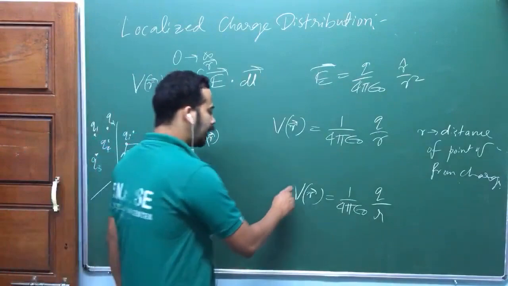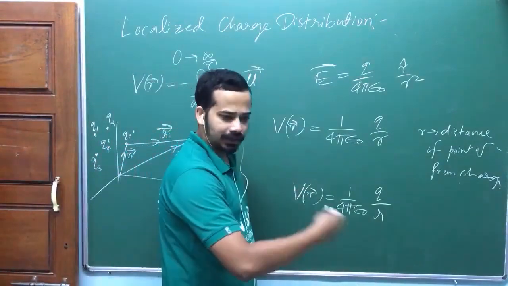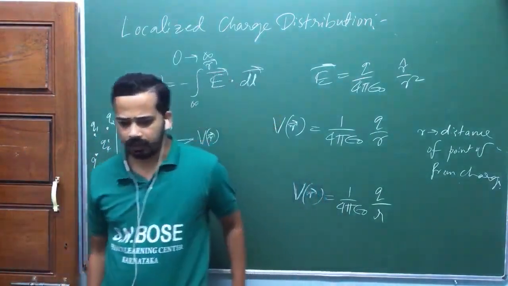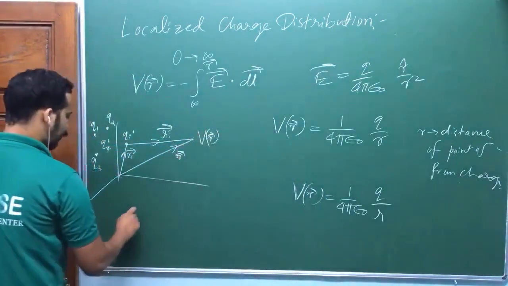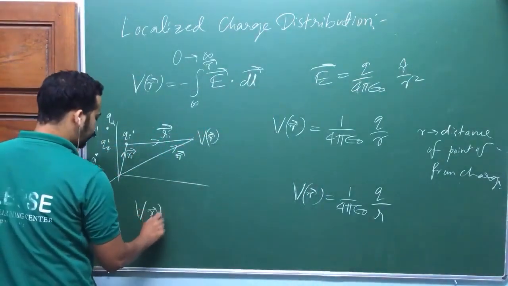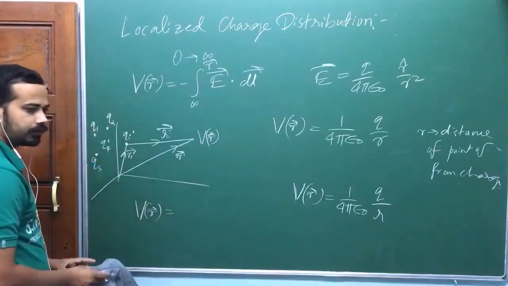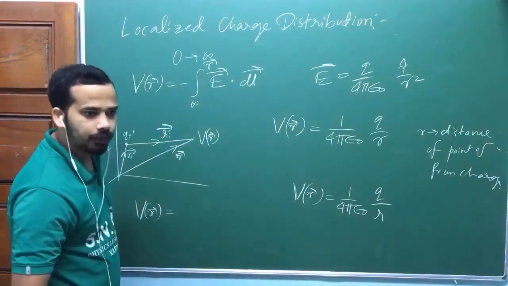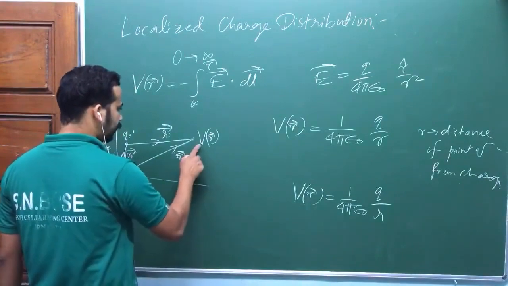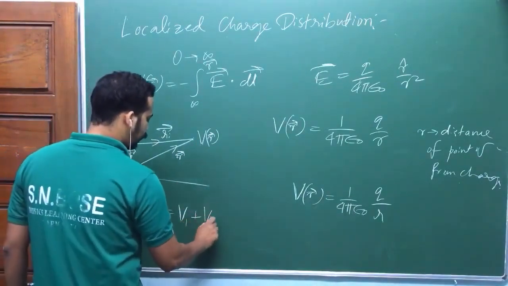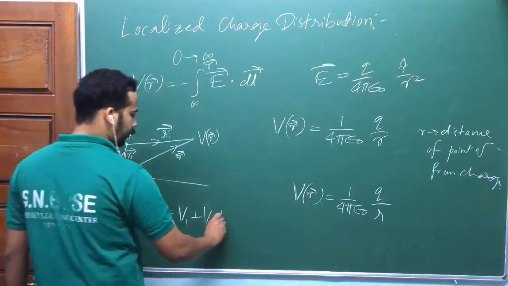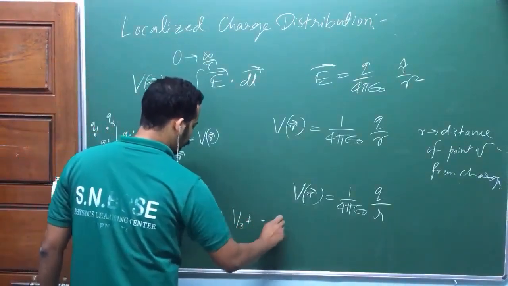Now this is the scalar field. Am I right? Scalars add like scalars. You can simply add. You don't have to consider any vector components. So that's why potential at this point, it will follow the superposition principle. The net potential at this point equals potential due to charge 1 plus potential due to charge 2 plus potential due to charge 3 and so on, isn't it?